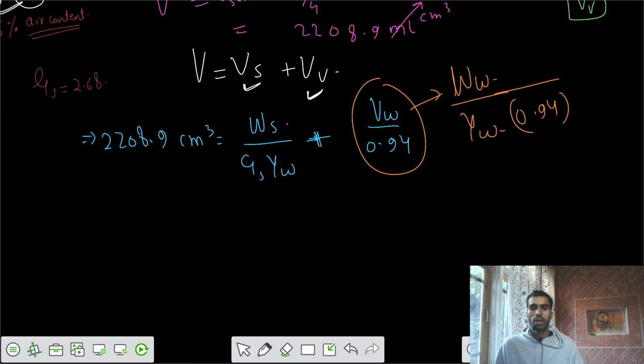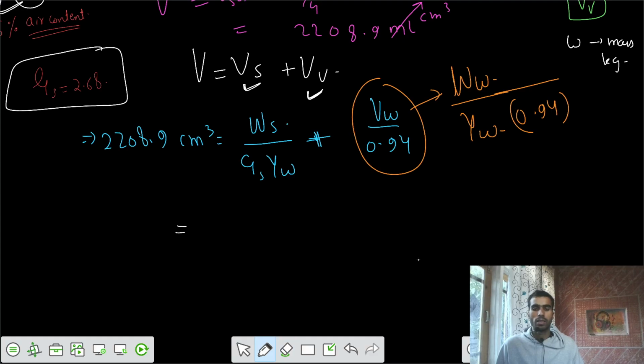So from this equation, the only unknowns are Ws and Ww. We can simplify it and substitute the value of Gs, 2.68. And this W here is in terms of mass, in terms of kg, we can solve, because all of the data is in terms of centimeters, kgs, etc. So we can solve that in the same way.